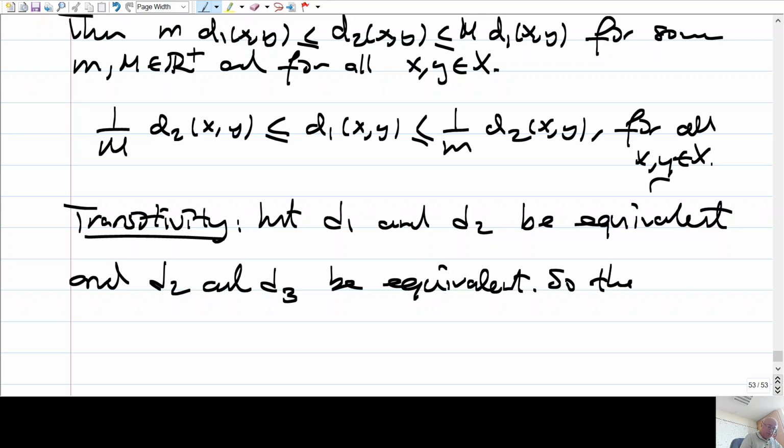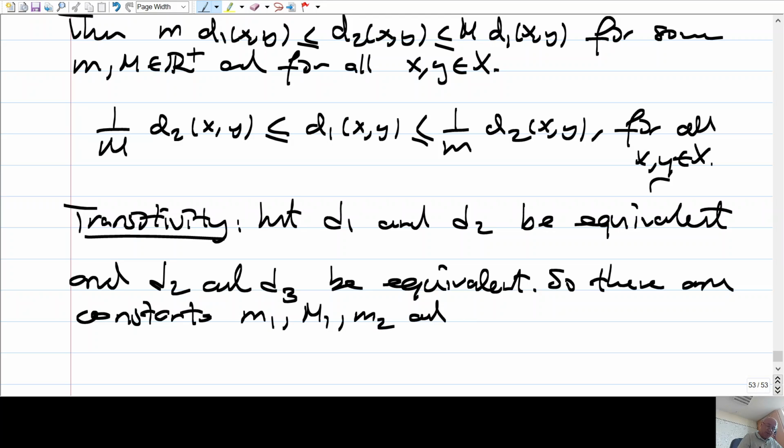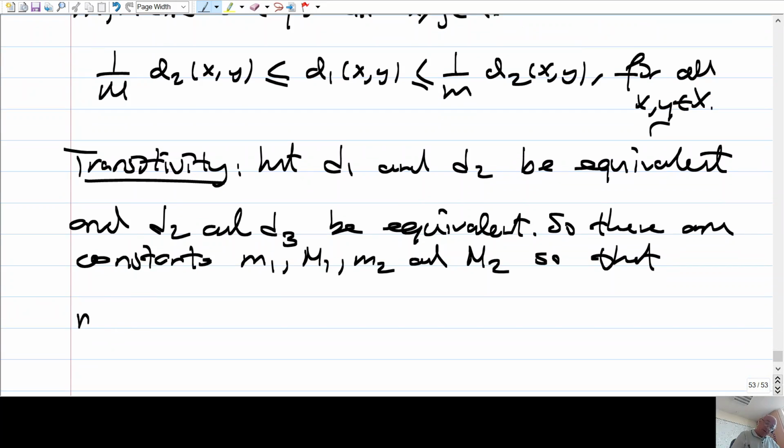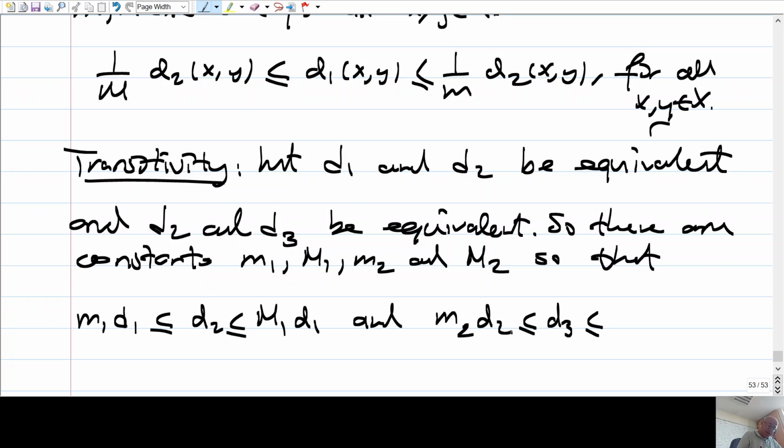So there are constants, little m1, big M1, little m2, and let's say big M2, so that we have this: m1 d1, let me not write x and y, okay, and then d2 less than big M1 d1, and m2 d2, and here I have d3, and here I have big M2 d2.